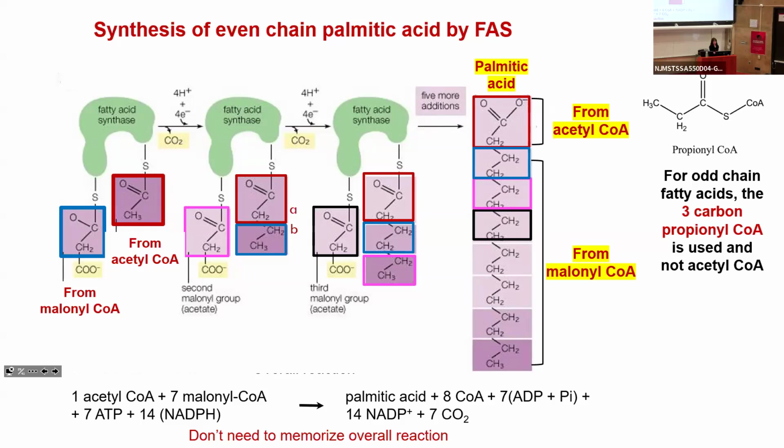This shows you that fatty acid synthesis is a big complex, and it covalently attaches with the acetyl-CoA, which is one precursor. It also covalently binds to the malonyl-CoA, which is the other building block of fatty acids.